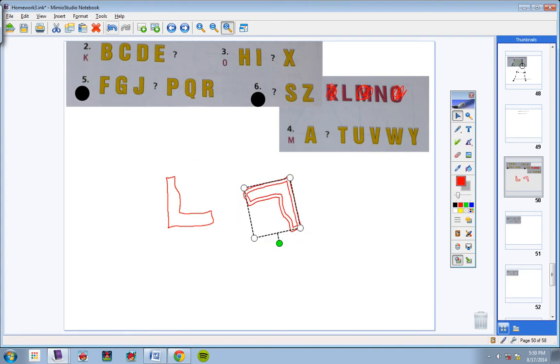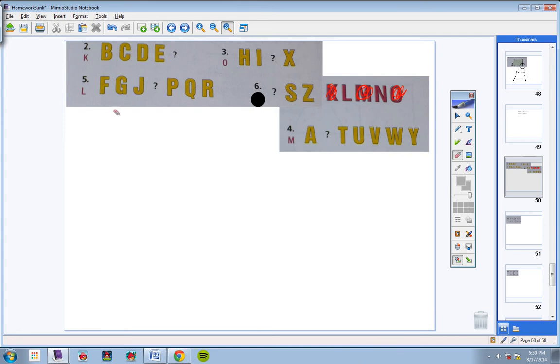So it does not have rotational symmetry. There's definitely no vertical line symmetry, and there's definitely no horizontal line symmetry. So L is the one that's going to go with this section right here, because none of these letters in number 5 here have vertical line symmetry, horizontal line symmetry, or rotational symmetry.